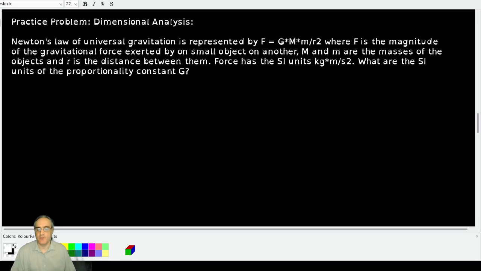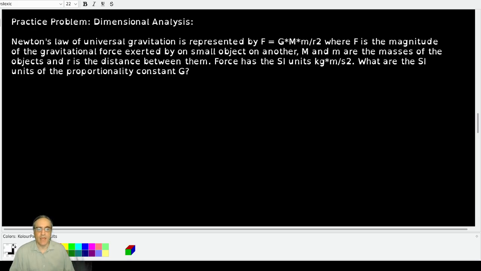Newton's law of universal gravitation is represented by the formula force is equal to constant big G times mass 1, or big M in this case, times mass 2, or little m in this case, divided by r squared, where r is the distance between the objects.